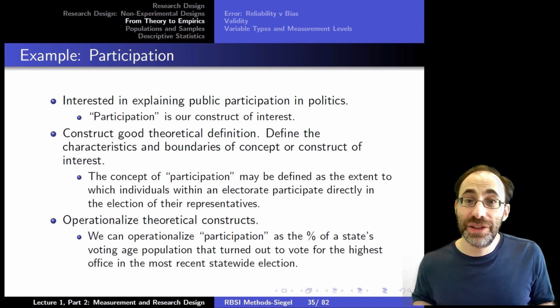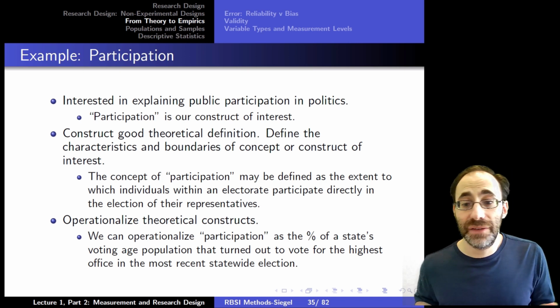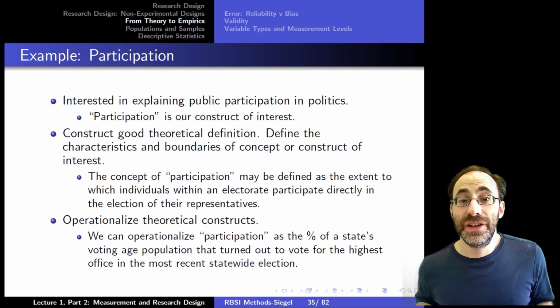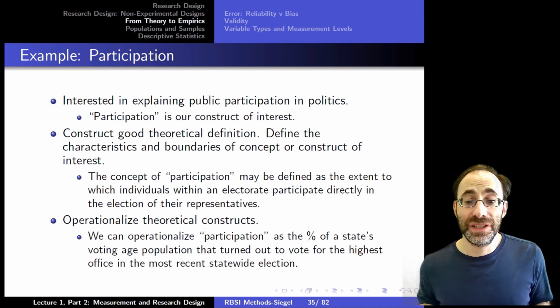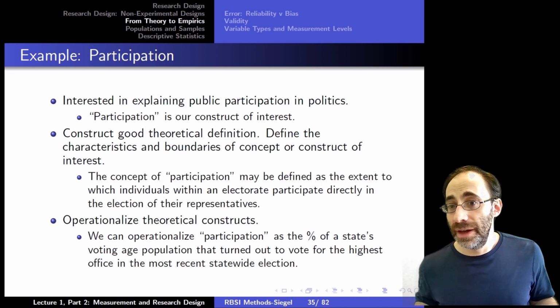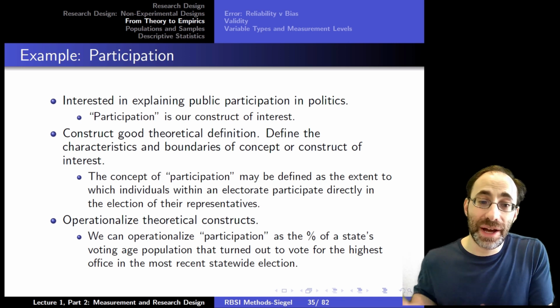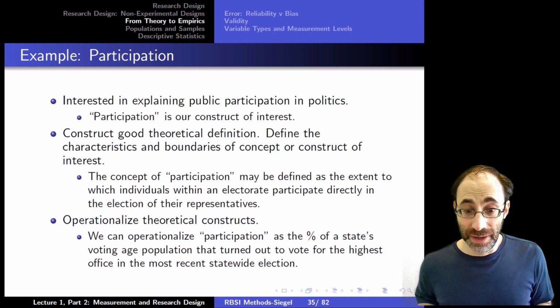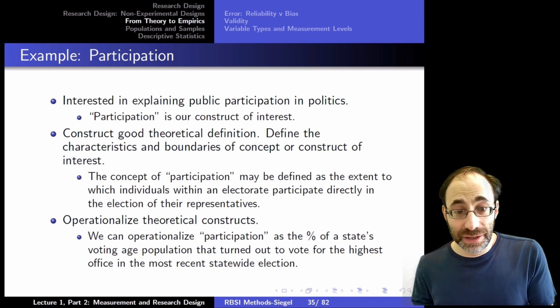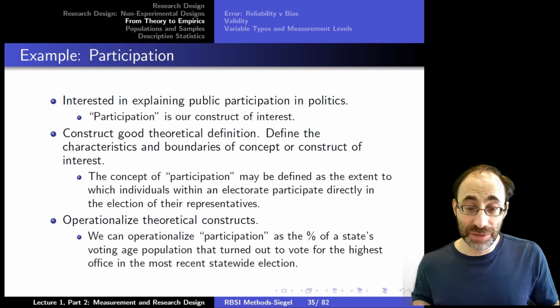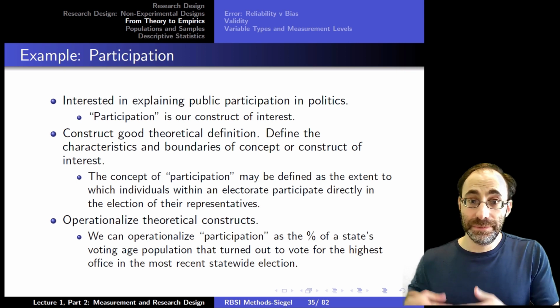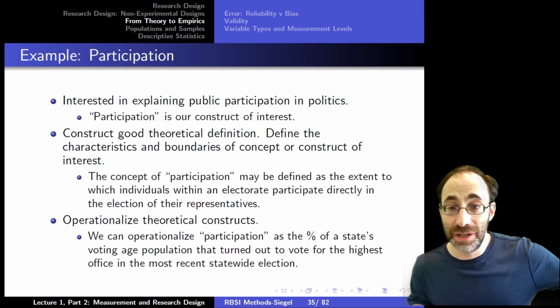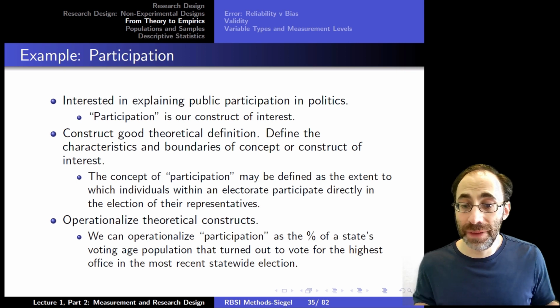In this case, we might operationalize participation as a percentage of a state's voting age population that turned out to vote for the highest office in the most recent statewide election. Again, just as there are many concepts, for this particular concept, there are many measurements possible. This chooses a particular election both temporally, like the most recent one, as opposed to a time series of all elections to see the pattern.